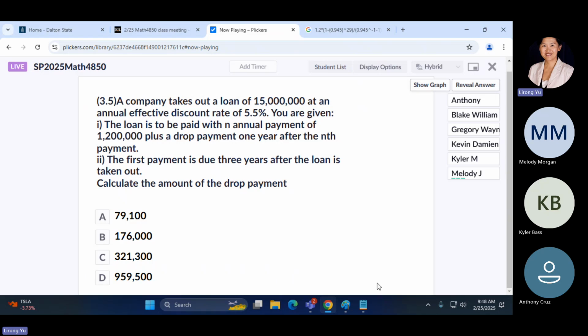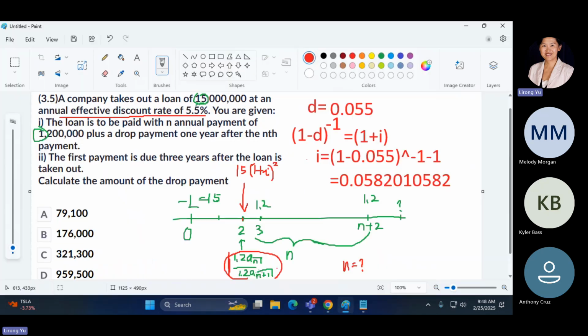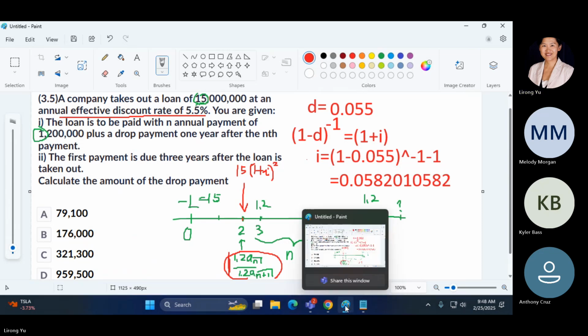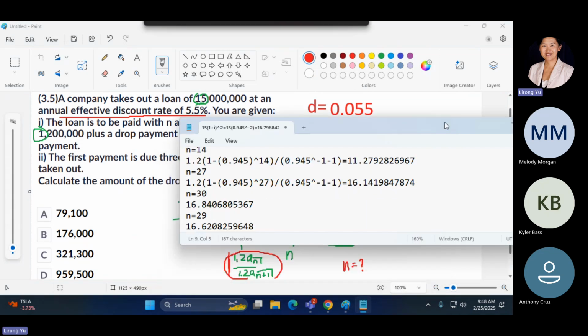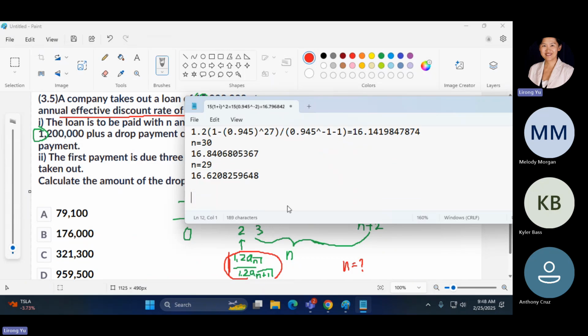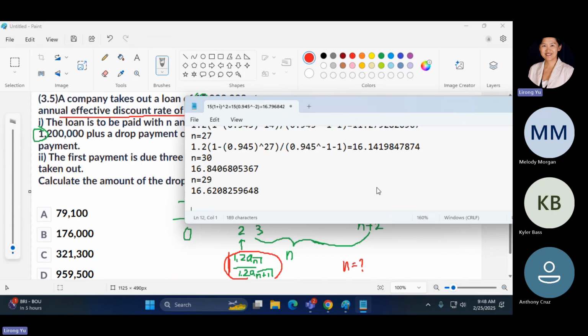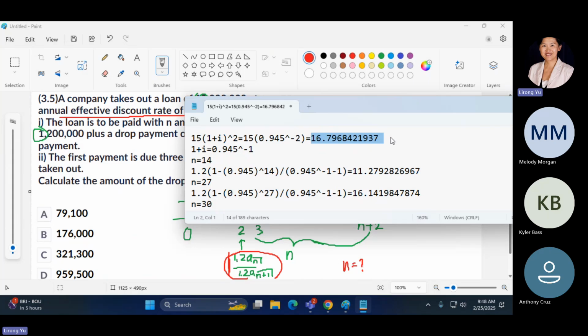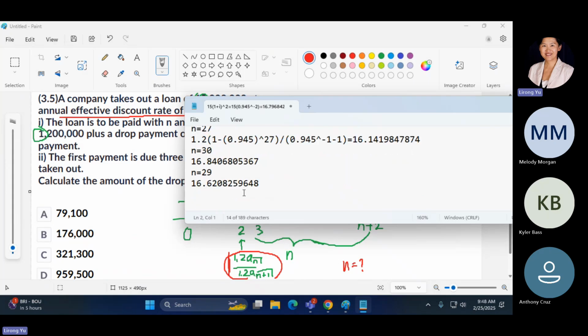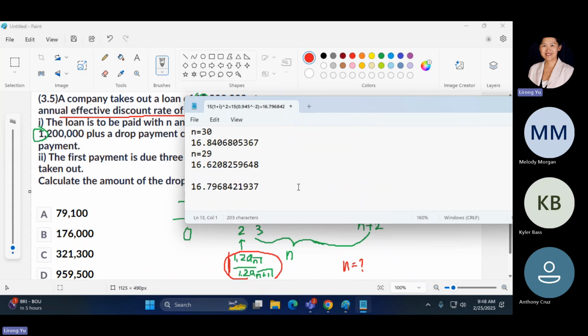All right, so what we figured out right now is the value at time 2. At time 2, if you are paying 29 payments, we're going to try to find out the remaining portion of the payment. We intended to pay this much, right? That's what we wanted to pay, and if you pay 29 payments, this is what we end up paying.